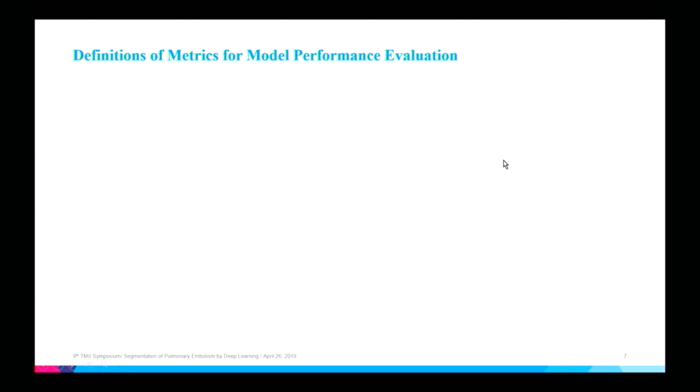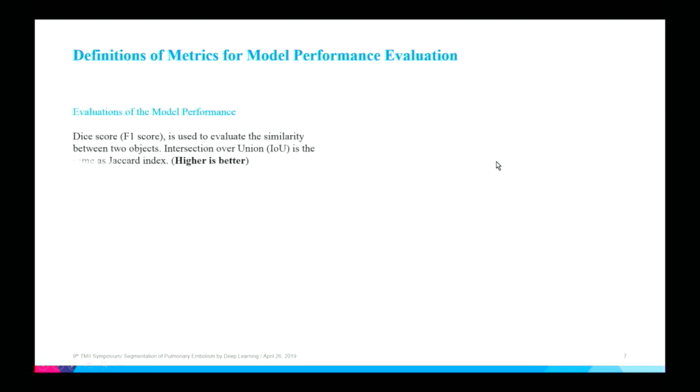To evaluate the performance of the model, we introduced the following terms in computer vision. We use the DICE score, which is also known as the F1 score, and intersection over union to evaluate our model. These terms are used to evaluate the similarity between two objects. We also used true positives, false positives, and false negatives.